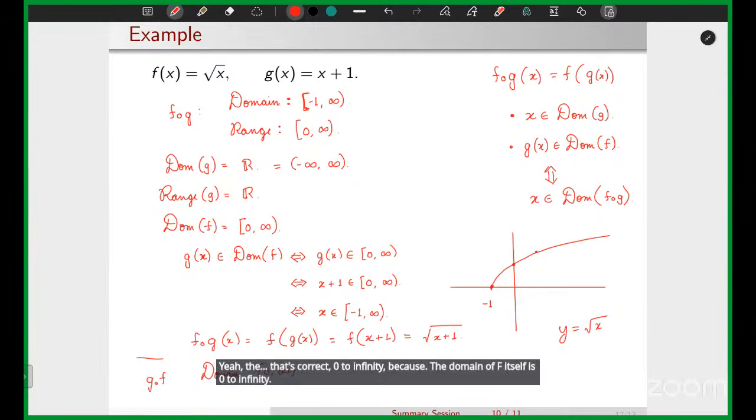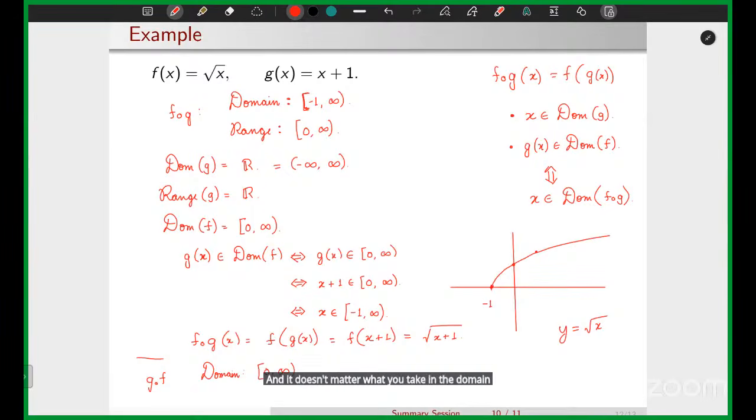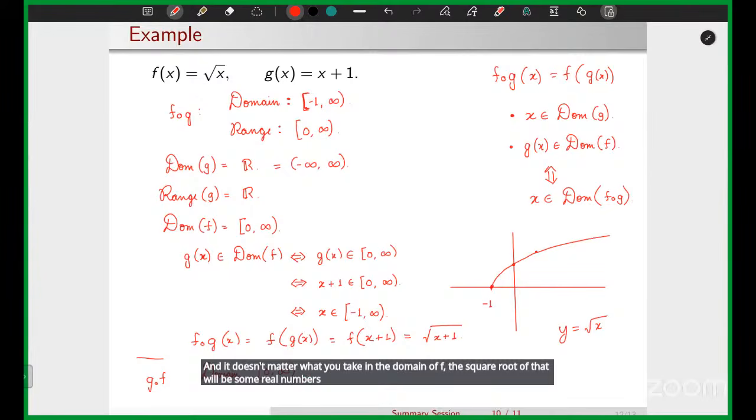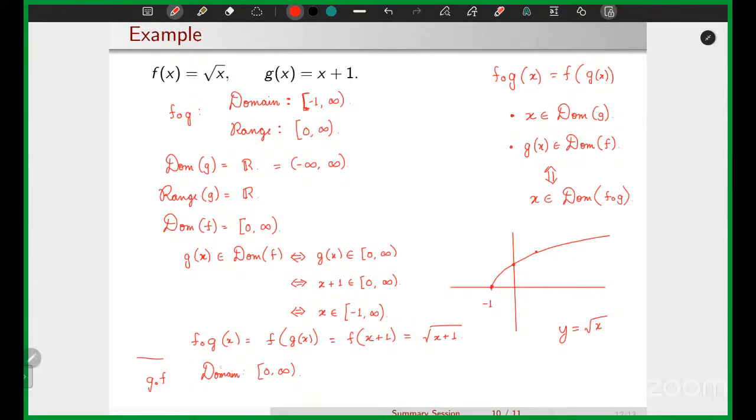And it doesn't matter what you take in the domain of F, the square root of that will be some real number. Since G has the domain as R, the condition on F of x being in the domain of G is vacuously satisfied. All right, if you did not understand this, take this as an exercise. It's easy enough to figure out.